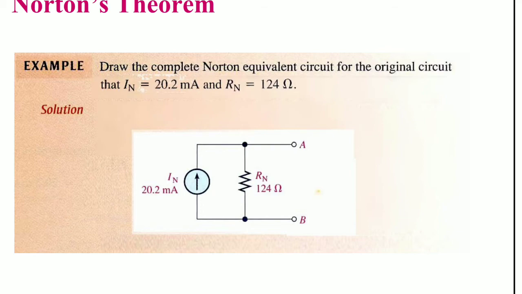From the previous problem, we got IN equal to 20.2 milliamps, Rn is equal to 124 ohms, and the terminals are A and B. So the current source is in parallel with the resistance, IN is parallel with Rn.